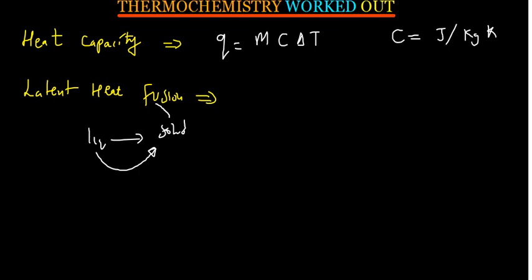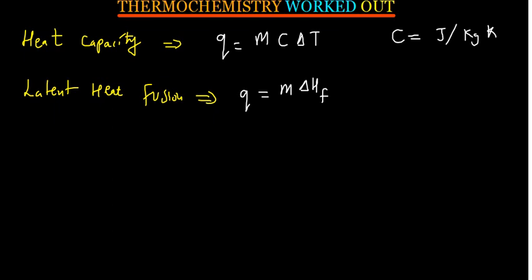But if you're talking about solid to liquid, then you say the heat which is absorbed to change a solid to a liquid at constant temperature. The energy is given by mass multiplied by latent heat of fusion. In some books we see delta H with the F, that will be latent heat of fusion.